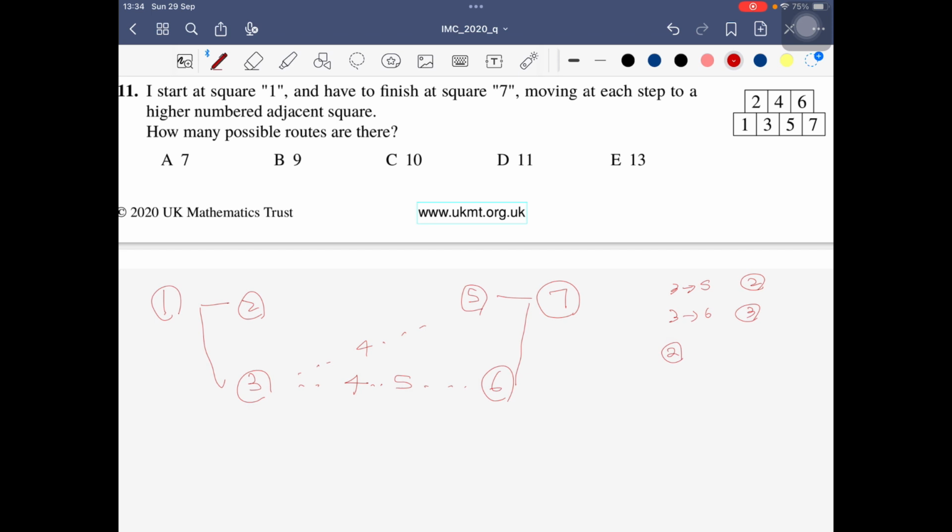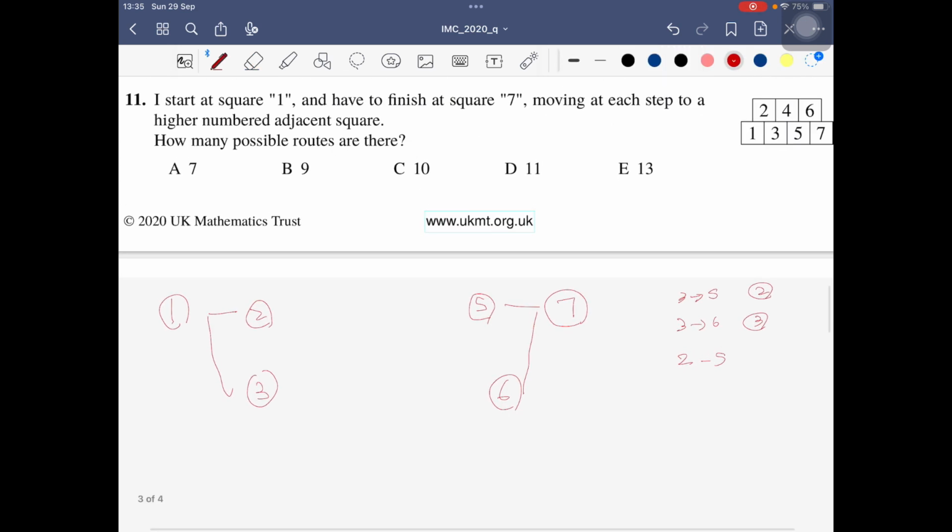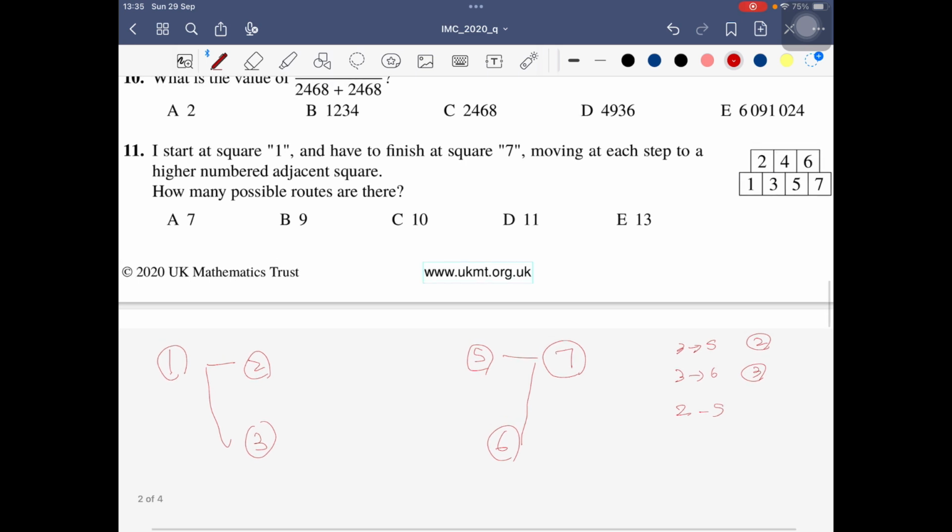So from 2 to 5, we have 3, 4, 5. The shortest way is 2 steps.